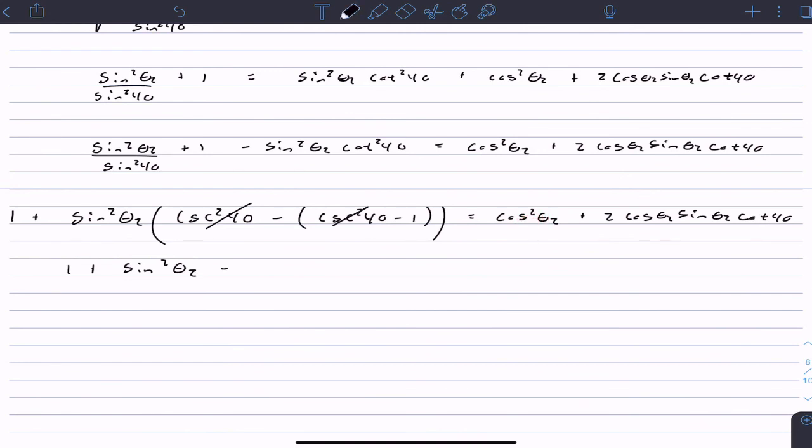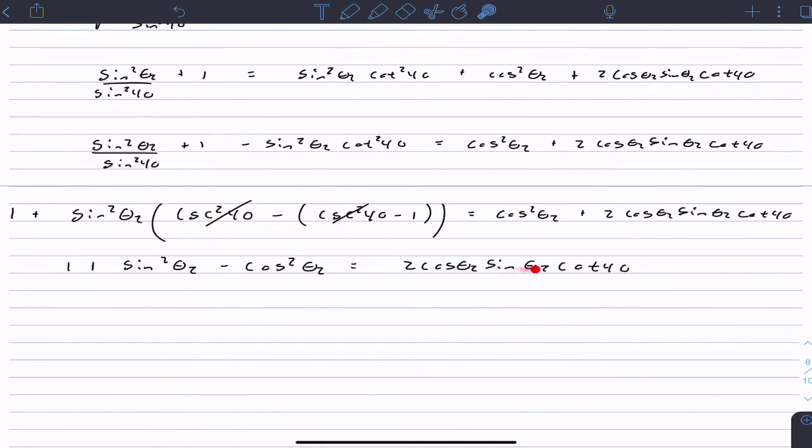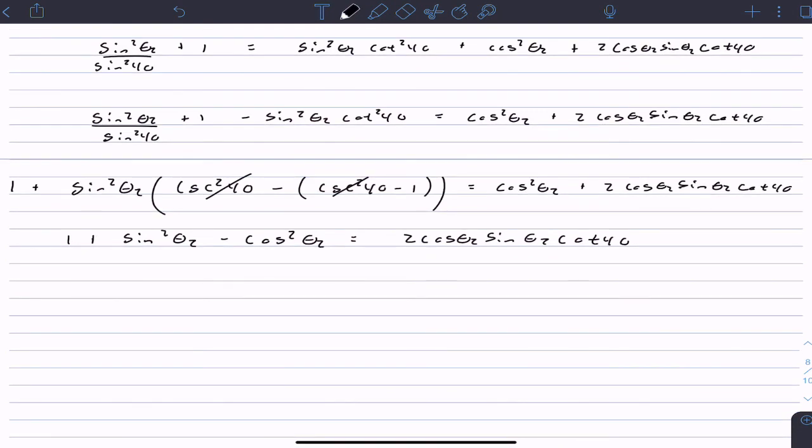We can bring that to the other side, so minus cosine squared theta 2. That's going to equal 2 cosine theta 2 sine theta 2. This is actually going to come out to be a different identity as well. This will be sine 2 theta, right? Or we might not even have to worry about that. Let's just continue on with what we got and see if we can get to the answer this way.